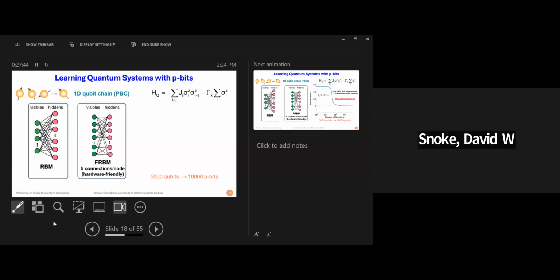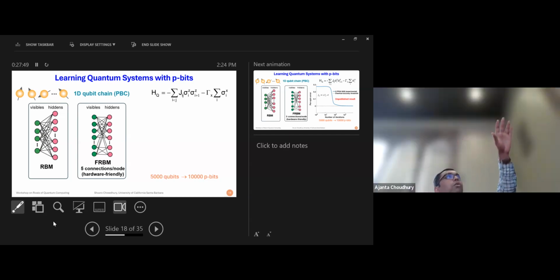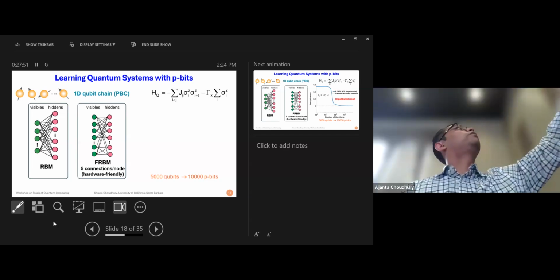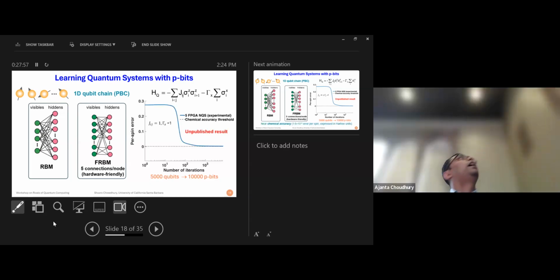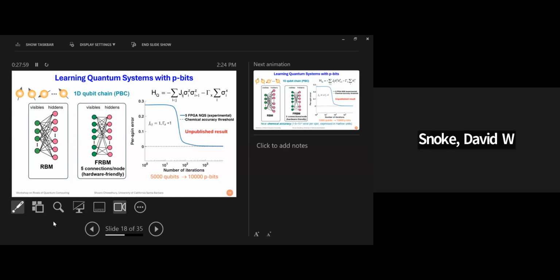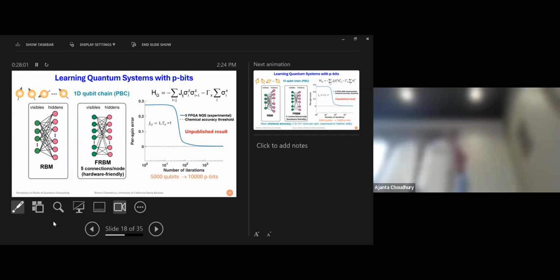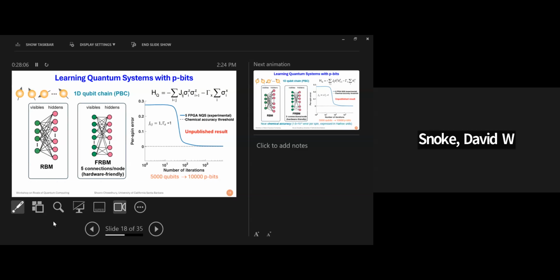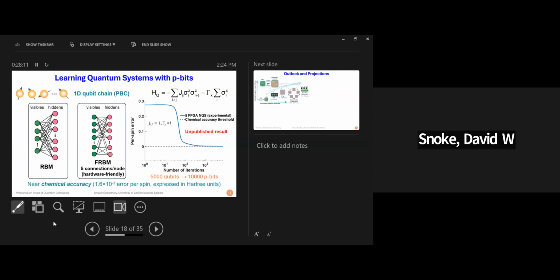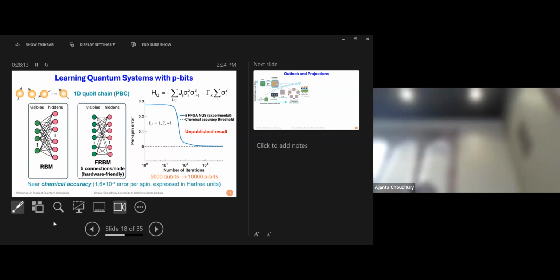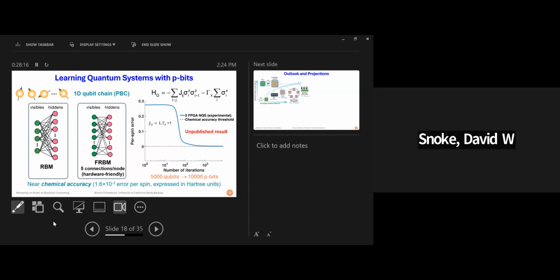That allowed us to emulate 5,000 qubits with just 10,000 qubits: 5,000 for visible nodes and 5,000 for hidden nodes. Then we tried to learn the ground state, and this is the result. You can see the error is very close to the chemical accuracy threshold, which is 1.6 milli-something. So you can get a very good accuracy with this qubit-based approach and this restricted Boltzmann machine.